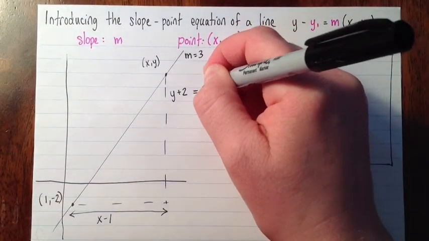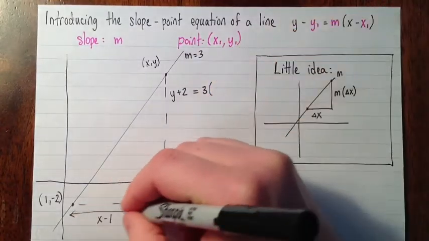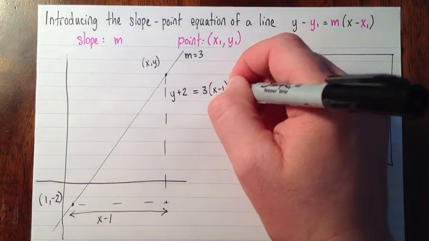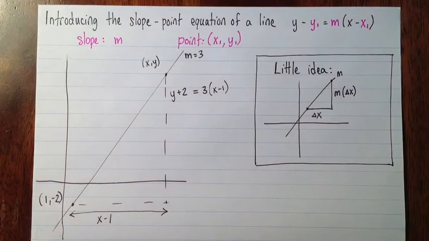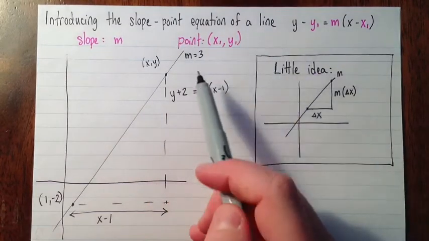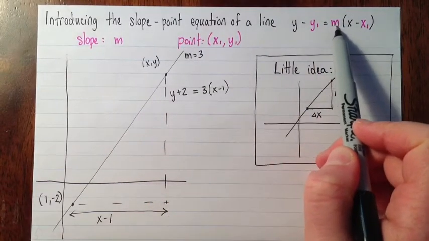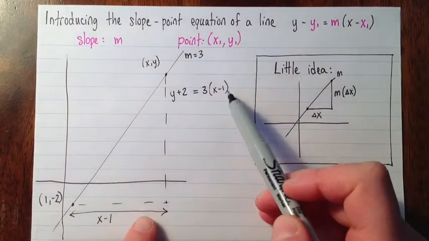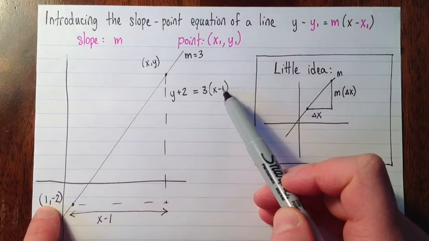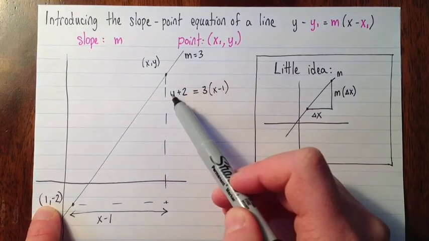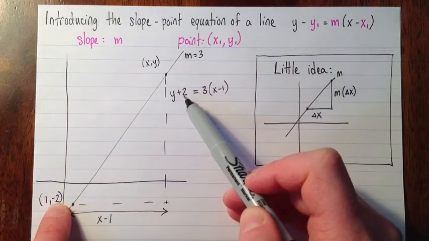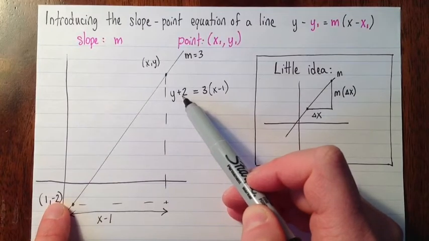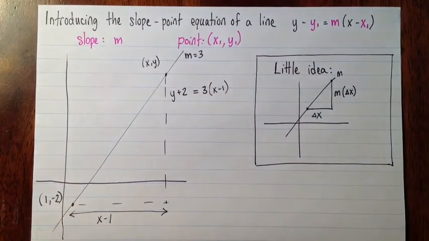So it's 3 times x take away 1. Okay, so that's actually the slope-point form of the line. So the slope m is right here. We've got x take away the x value of a point on the line, and then y take away the y value of a point on the line. In this case, because we're subtracting a negative, it's plus 2.